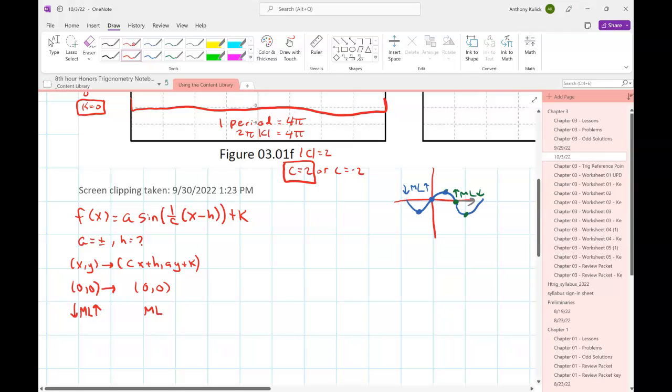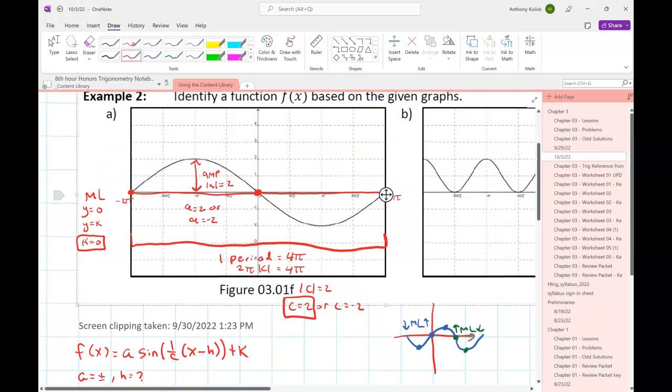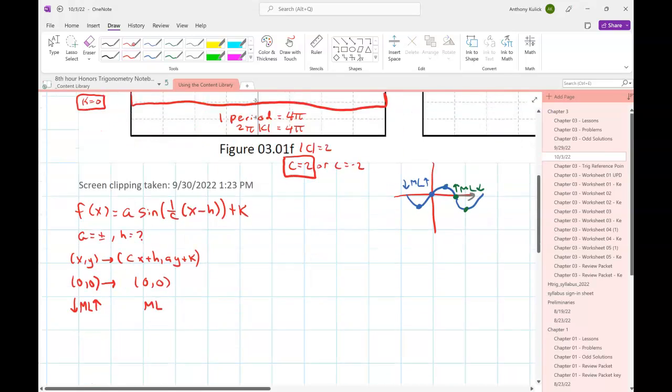But in addition to knowing that's a midline point, I also want to know what kind of midline point it is. So here we are preceded by a maximum and followed by a minimum.